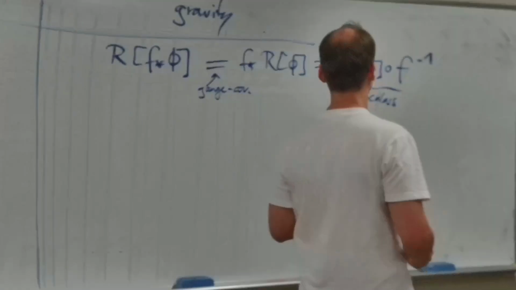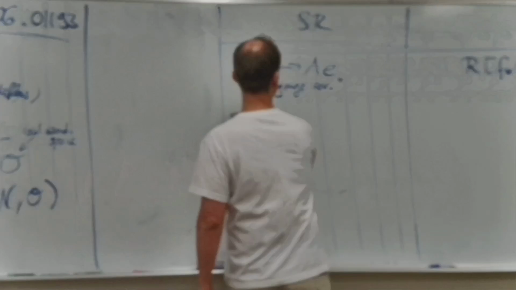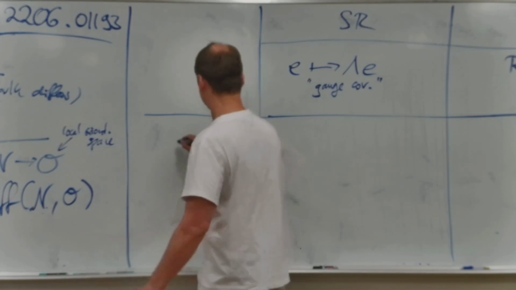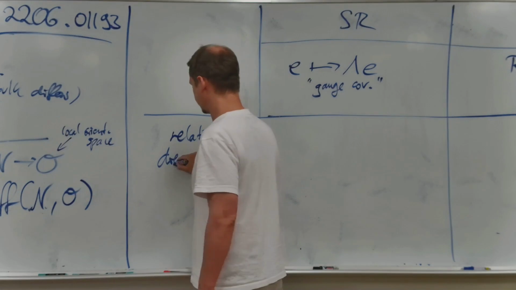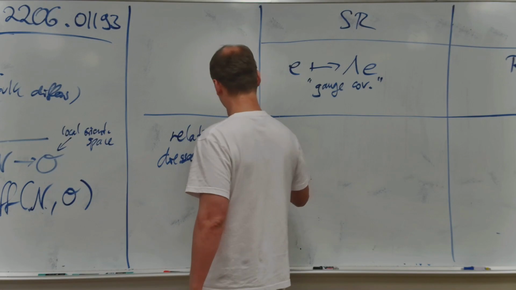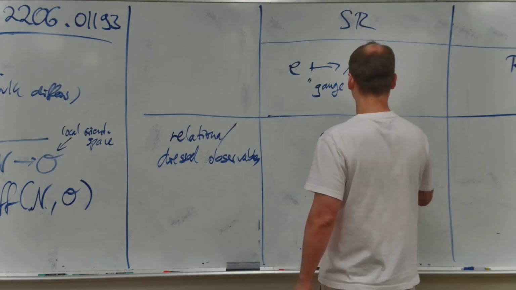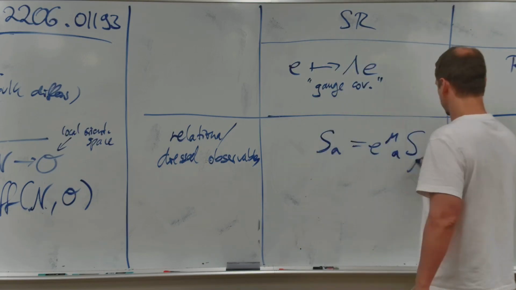Now, what's the next thing that we usually discuss? Relational observables, probably. Relational addressed observables. So here it is S A, and S mu.